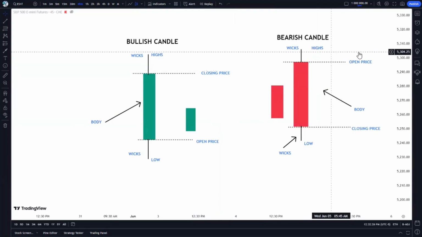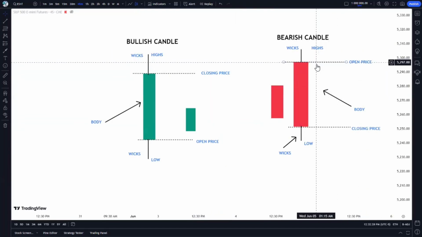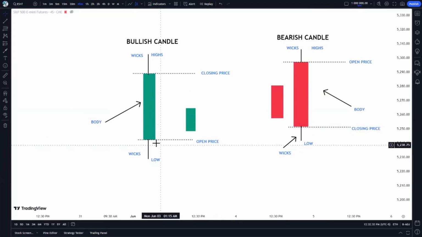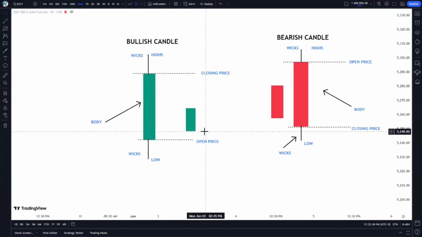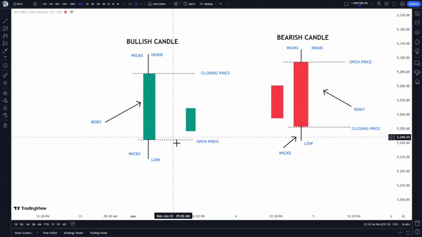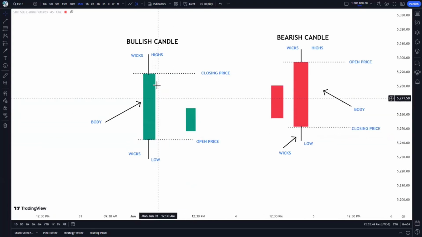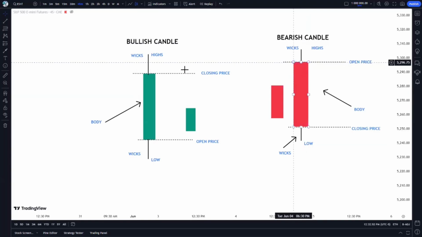So on the bearish candle, the opening price is above and the closing price is below. Now for the bullish candles, the opening price is below and the closing price is above. So if we see a candle where the closing price is above the opening price, that means that candle is a bullish candle, represented by a green candle.